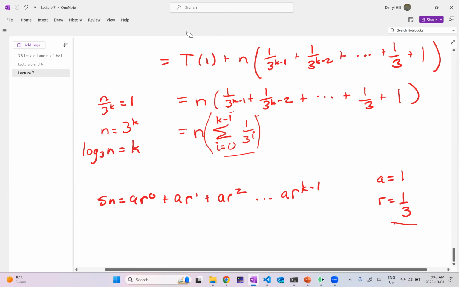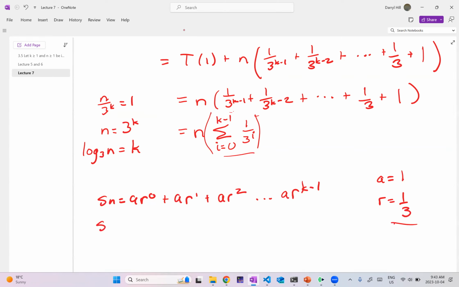There's a closed form for this summation, which I'll teach you how to derive in a couple of lectures, not today. I'll show you the closed form now, and I give you that closed form on your assignment. You're going to end up with something that looks like this, and you're going to apply this closed form.